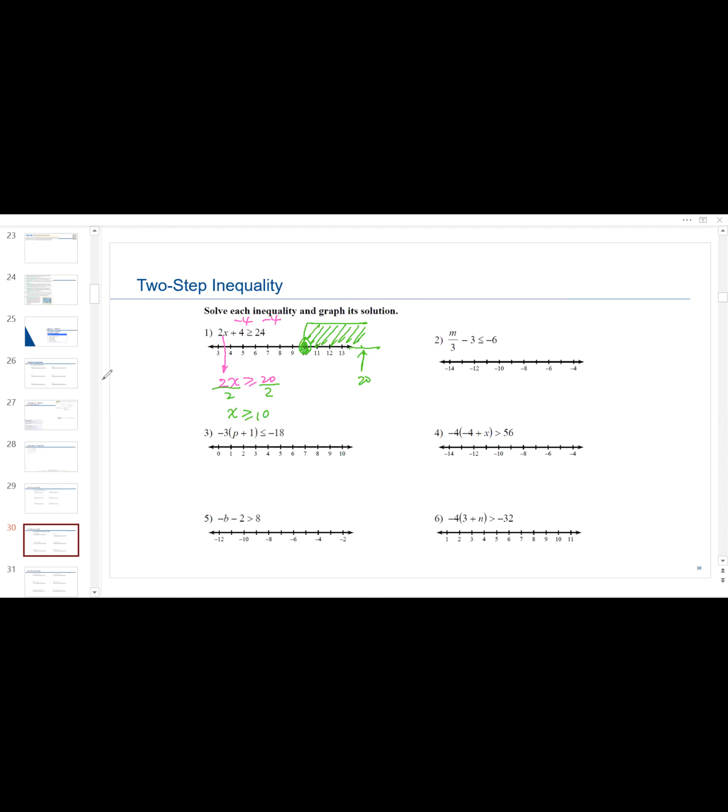So put 20 inside and check it. So 2 times 20 equal 40. 40 plus 4. Is it greater? Yes, right? So this area is correct. We can pick any number inside and go back to check if this inequality makes sense or not. So it makes sense. So it means it's correct.